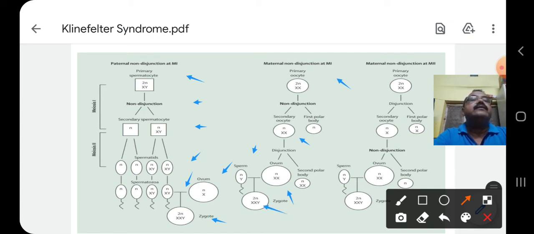In this case, maternal non-disjunction at meiosis 2 means an ovum with 2 X chromosomes is produced. When it is united with a sperm with a Y chromosome, the Klinefelter syndrome condition, that is the XXY condition, results.